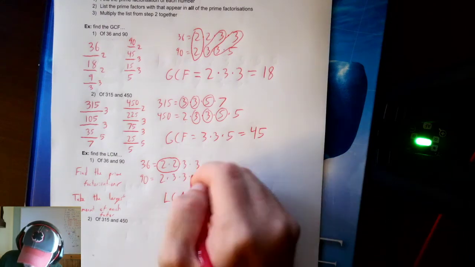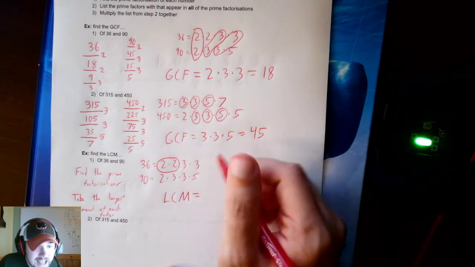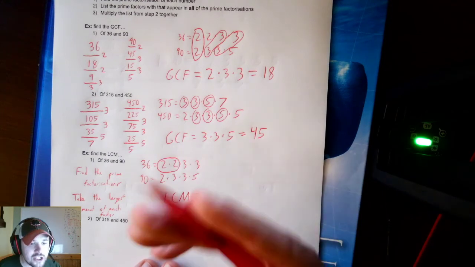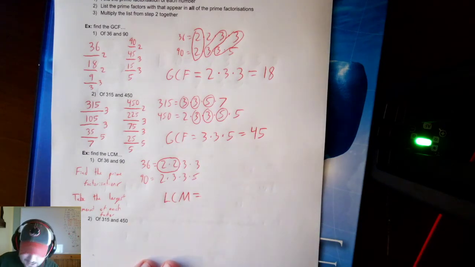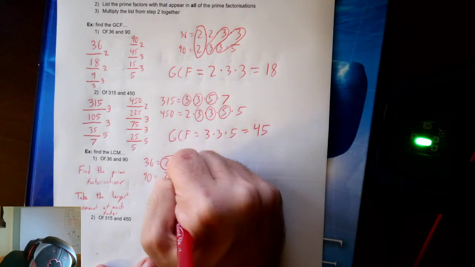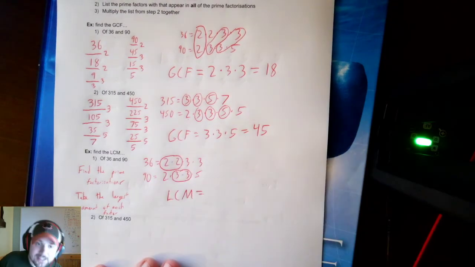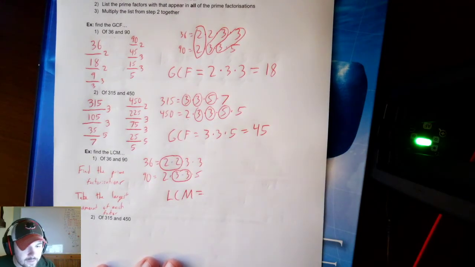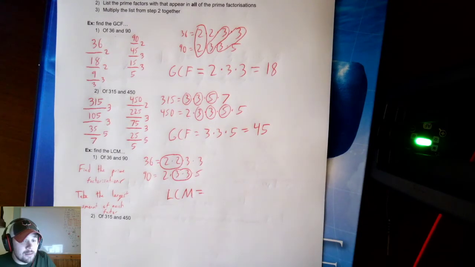Now, how about moving on to the next prime number? Which has more 3s, the first or the second? They have the same number, so it doesn't matter which one I choose. I'm going to choose this group of 3s just because I like the number 90 more. So they both had the same number of 3s, so it didn't matter which one I picked.